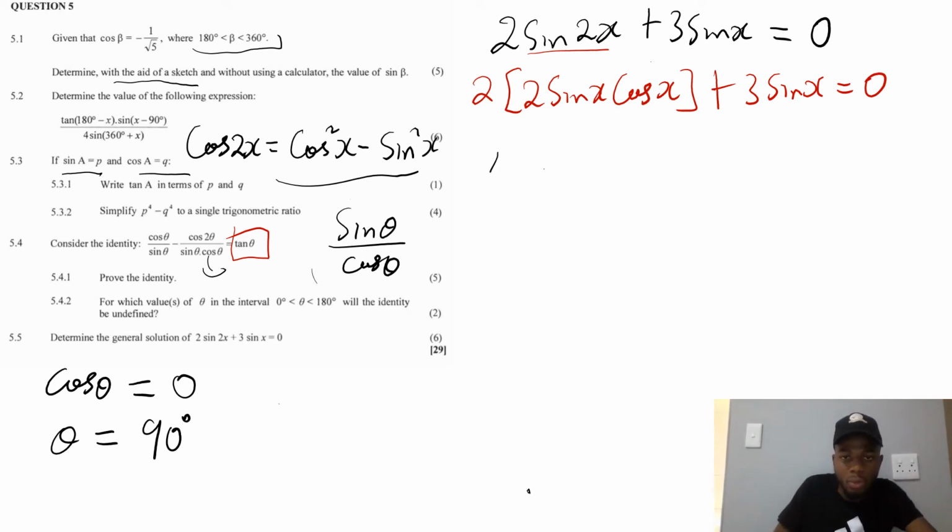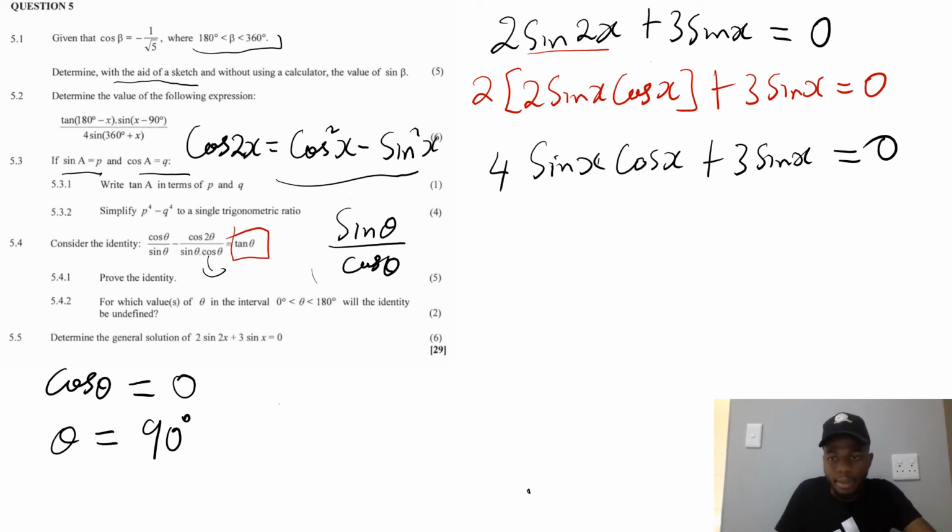Then 2 multiplied by 2, we're going to get 4 sine x cos x plus 3 sine x equal to 0.